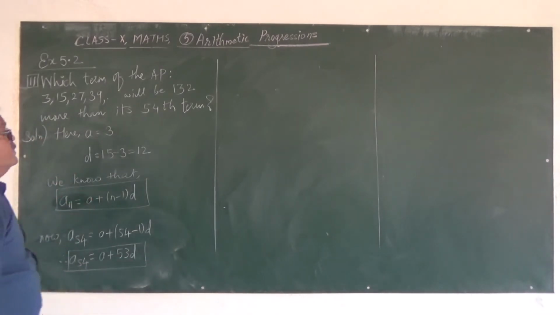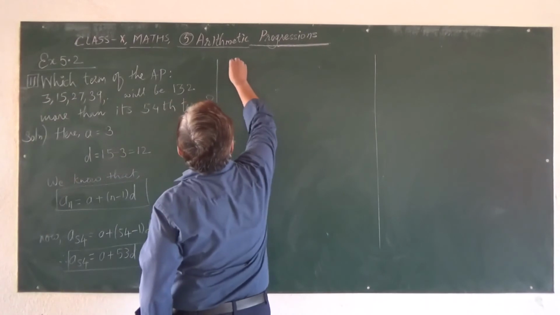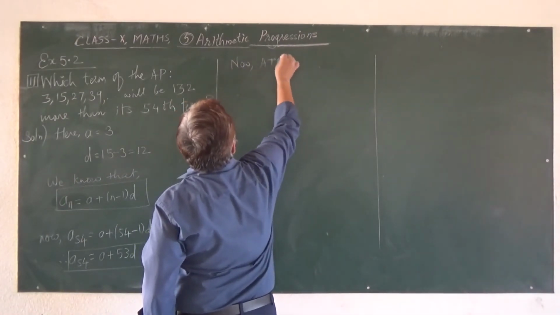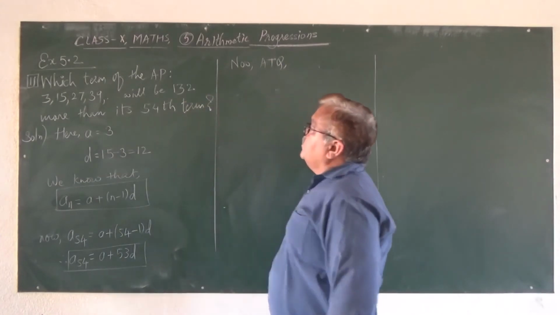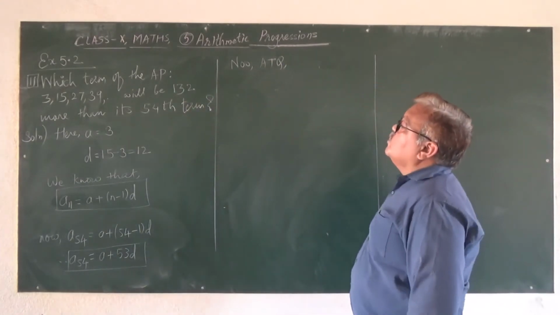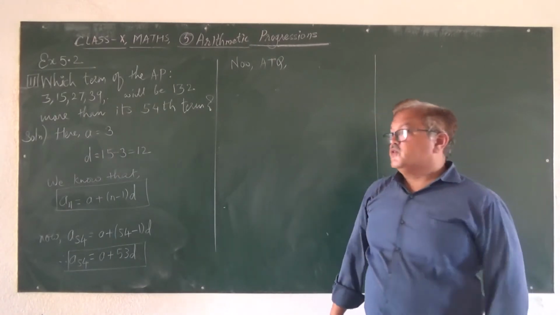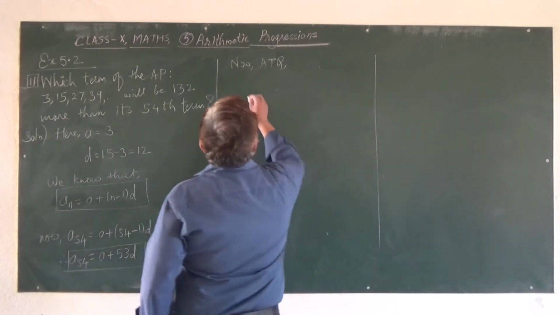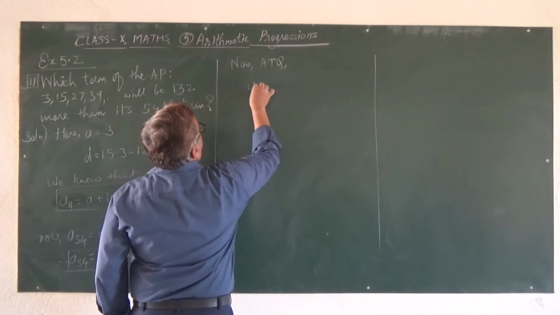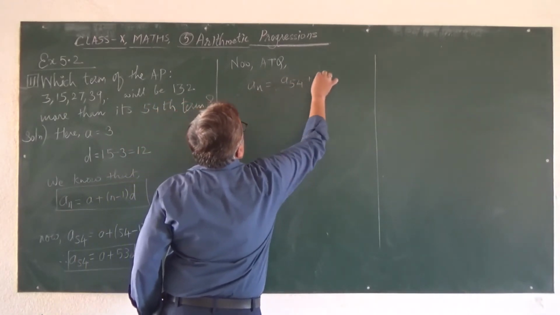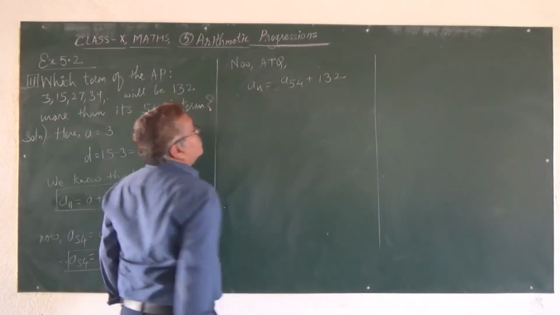Now, according to the question, what is the data given? Which term will be 132 more than its 54th term? So you have to find the number of the term, which term. So an is equal to a54 plus 132.